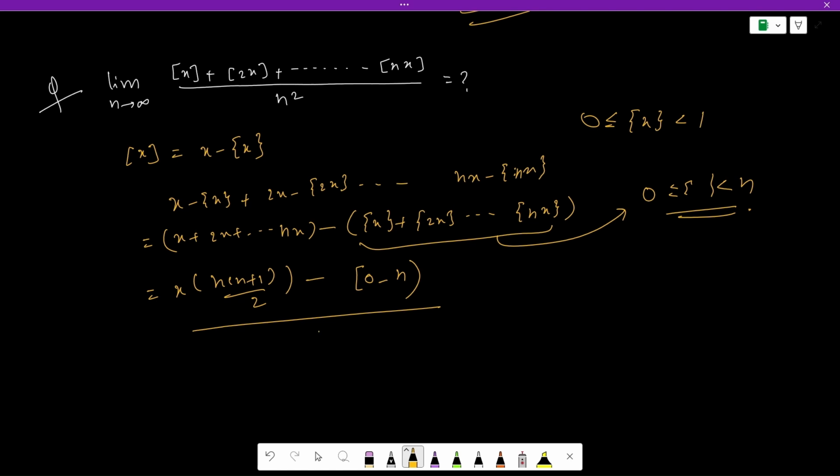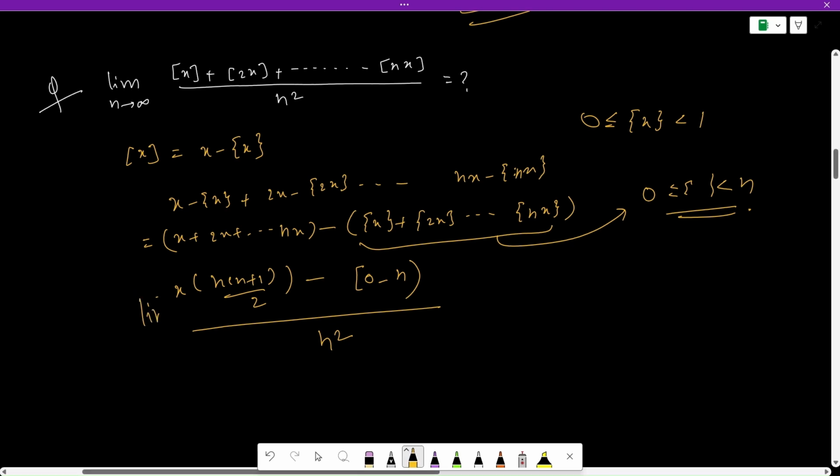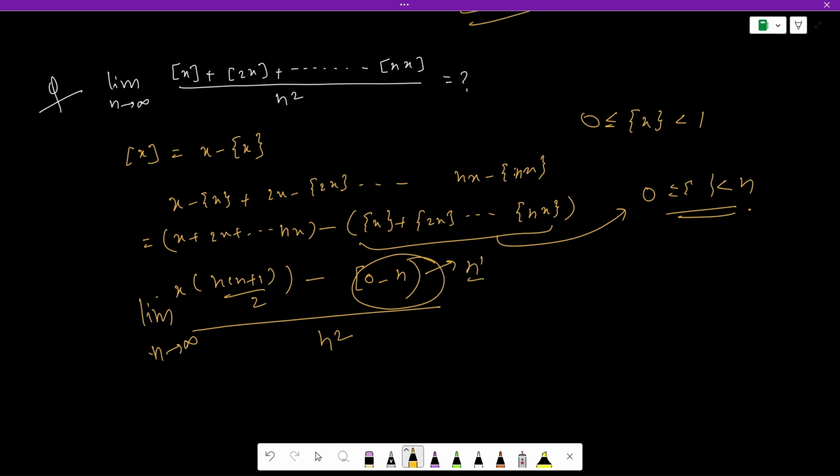And this is now divided by n square. So if we take the limit that n tends to infinity, so this is with n raised to the power 1 at max, and in the denominator we have n square. So this is insignificant, and this will become 0 if we take n by n square, right?